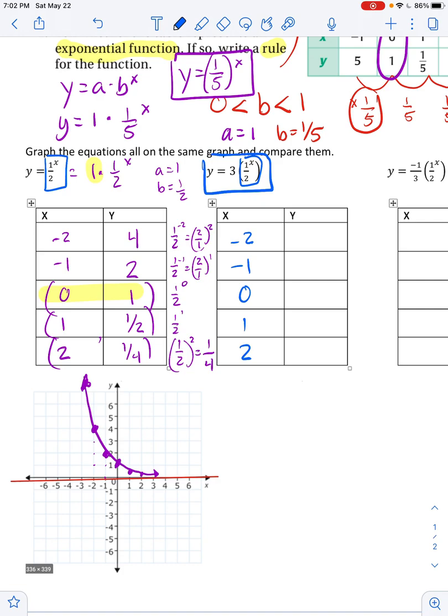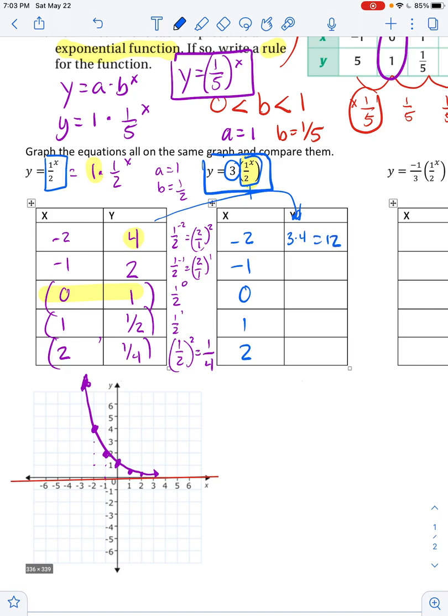So I know that when I plug in a -2, this 1/2 to the x portion is going to have a value of 4 from over here. And so to do this new part, I'm simply going to multiply that 3 that they gave me by the 4 that I got when I plugged in 1/2 to the -2 power.